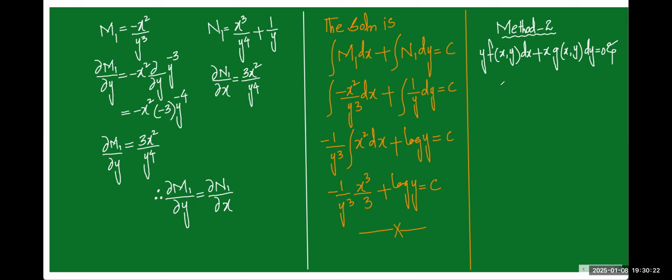That is most important. See, if it is homogeneous and Mx plus Ny is not 0, then method 1. And method 2 says, from M value, if it is possible to take y common, and from N value, if it is possible to take x common, and moreover, Mx minus Ny value is not 0.